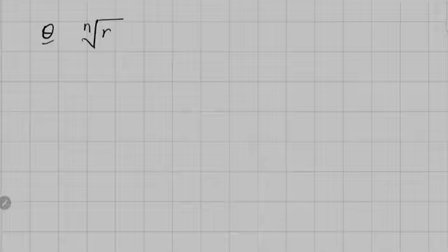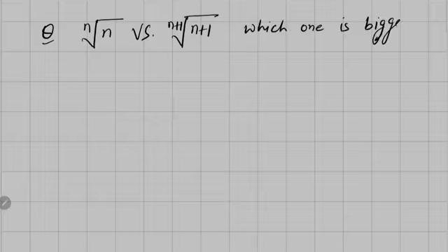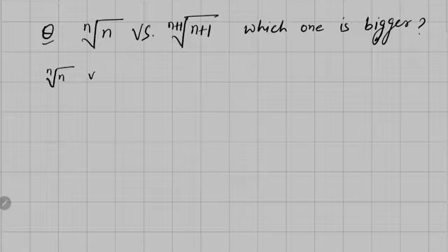nth root of n and n plus 1 root of n plus 1, which one is bigger? Proceed in a similar way. So nth root of n and n plus 1 root of n plus 1.